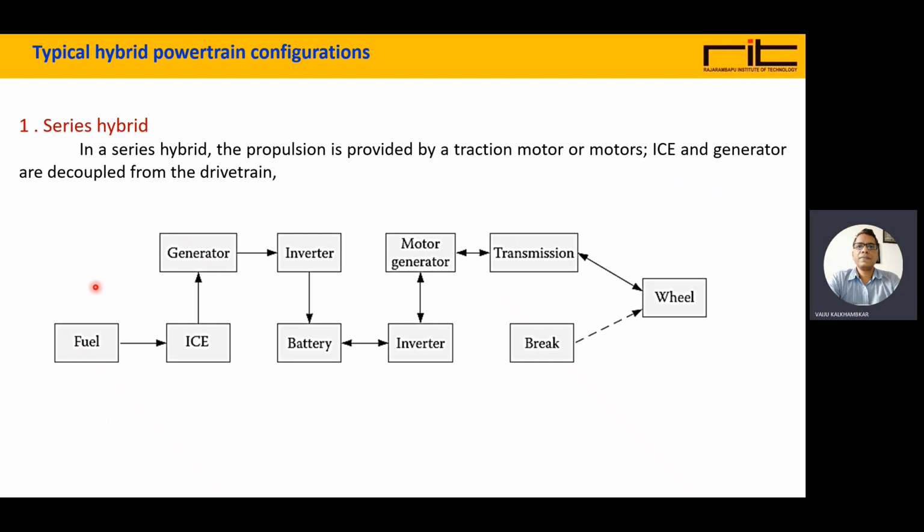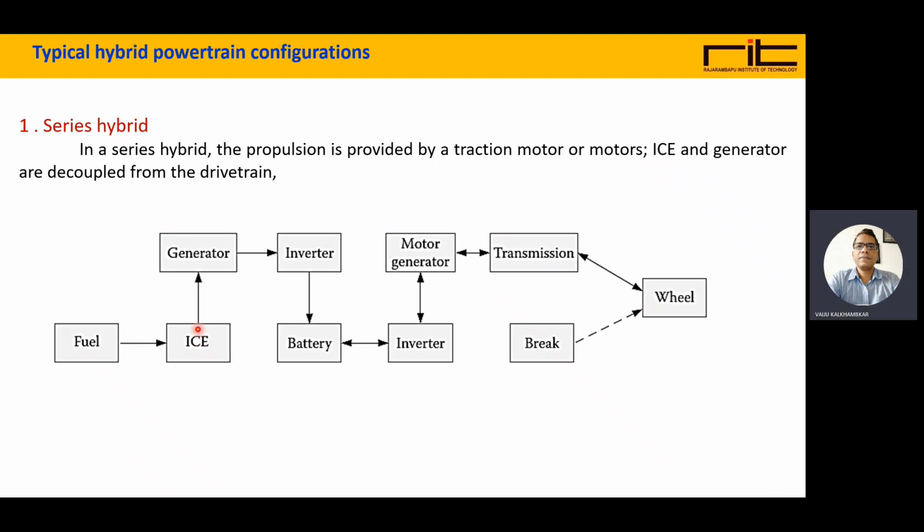Here, a series hybrid powertrain is shown. In series hybrid, the propulsion is provided by the traction motor or motors. The IC engine and generator are decoupled from the drivetrain. So very important in series hybrid, as we can see, the motor will provide the propulsion, and the IC engine is not directly or mechanically coupled to the wheels.